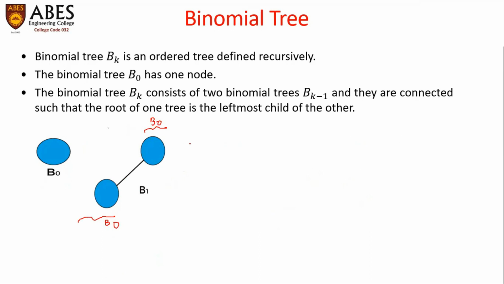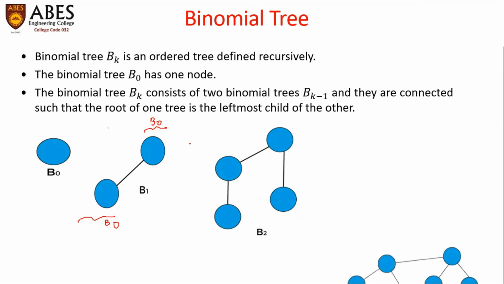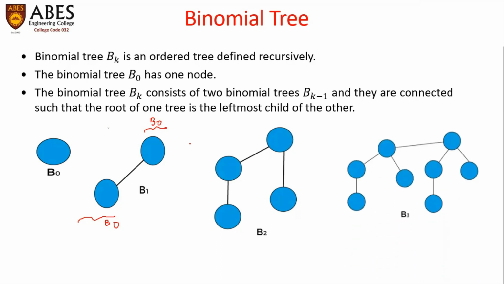Right? Now, when the value of k is equal to 2, then we have two binomial trees of the order B1. And when the value of k is equivalent to 3, then we have two binomial trees of the order B2. Okay, similarly, we can draw for B4 as well.